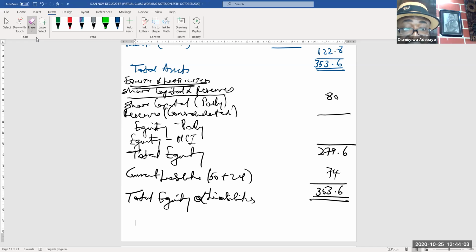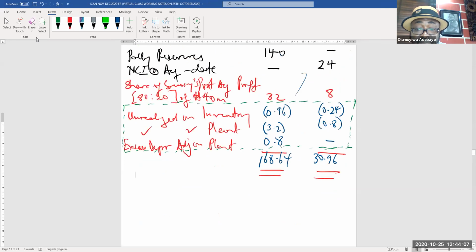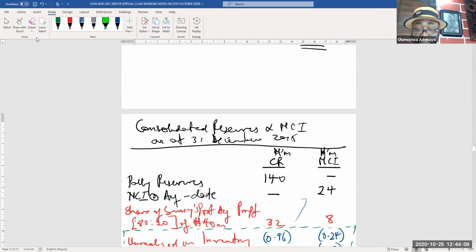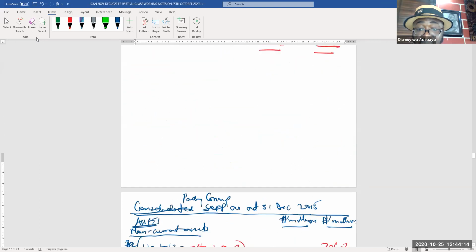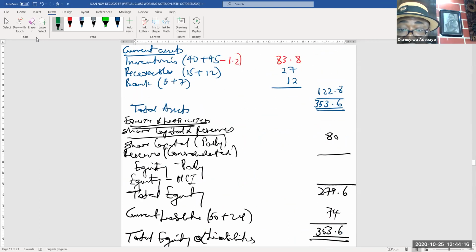But you find out that the total equity will not change. Why? Because it's a redistribution only between NCI and the parent. When you check it now, I have 168.64 and 30.96. If you add this together, this is 248.64. When you add it together, you still get 279.6. Does that make sense now?